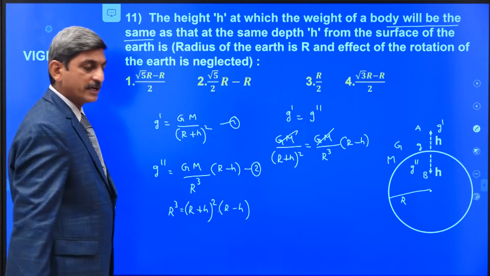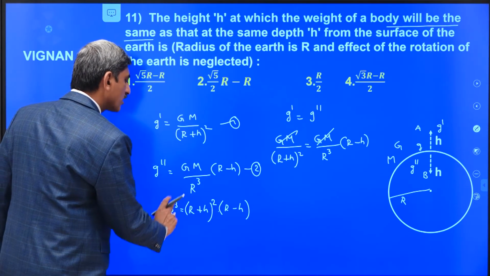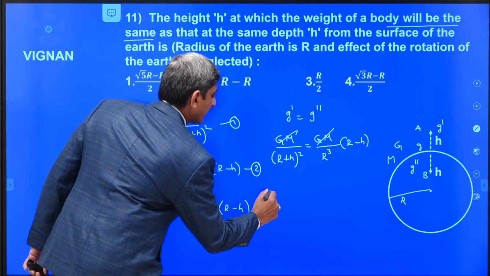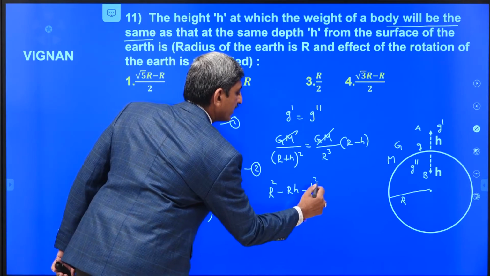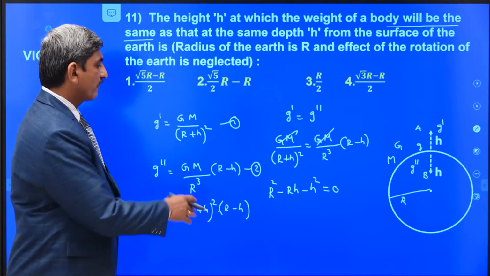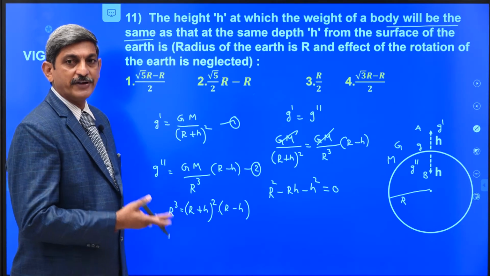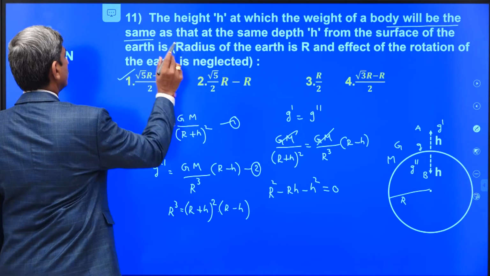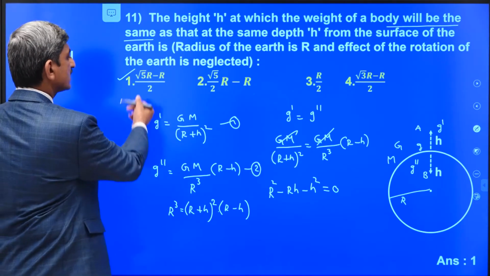By expanding this bracket, multiplying this bracket with that bracket, and taking this r cube to the other side, after making the mathematical simplification, we have r square minus rh minus h square is equal to 0, which is a quadratic equation. From that quadratic equation, find out the roots. By finding the roots, we can determine the unknown h value. The h value is found to be (root 5 r minus r) divided by 2. So your answer is 1.